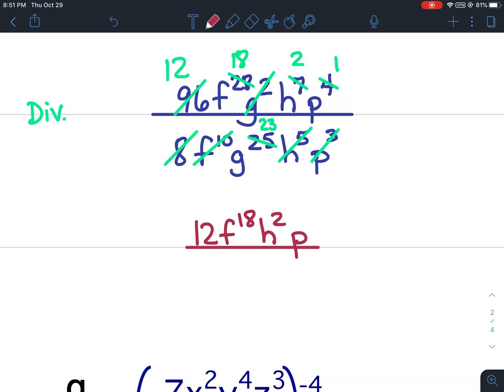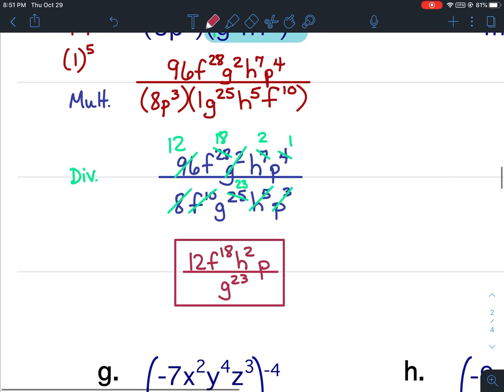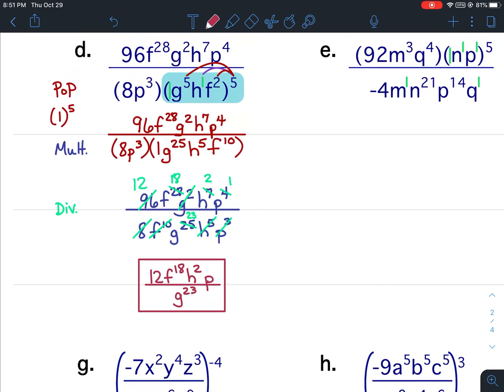And the only thing left on the bottom is g to the 23rd. And that is it for example D.